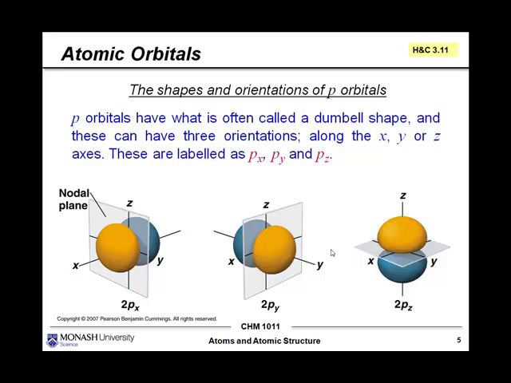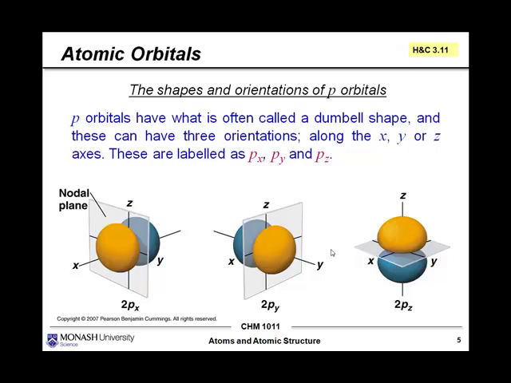P orbitals have what is often called a dumbbell shape, and these can have three orientations along the x, y, or z axes. And as you can see, these dumbbells are aligned along the three axes, and that's where they get their names from. So the 2px atomic orbital in the figure is aligned along the x-axis.